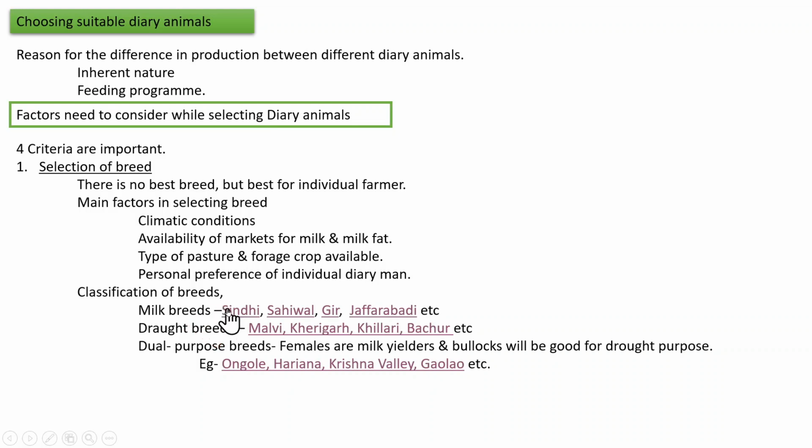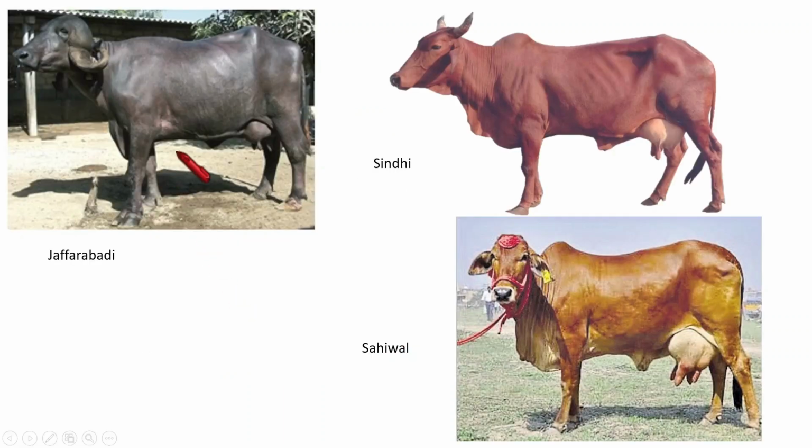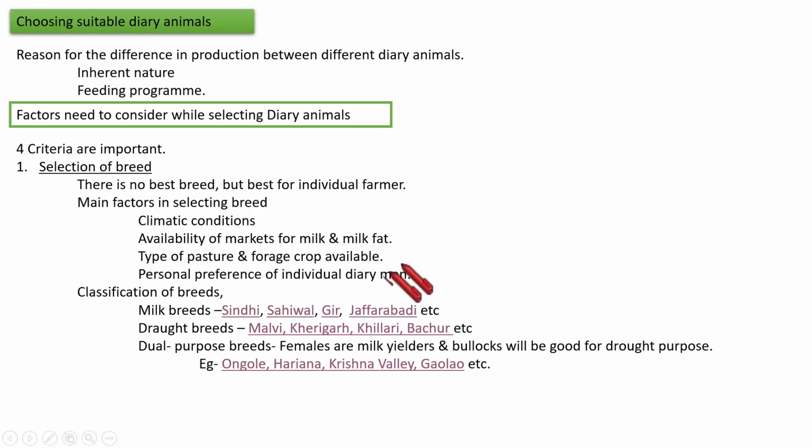Examples: Sindhi, Sahiwal, Red Sindhi, Gir. I will show you the image of each one. This is the Sindhi, and this one, and Sahiwal. These are all milk cows, high milk yielding varieties.